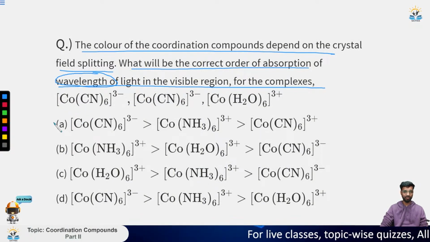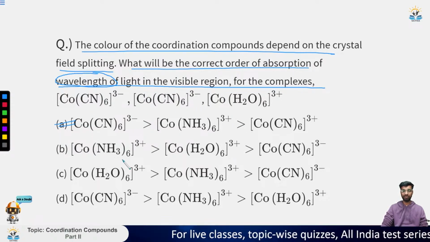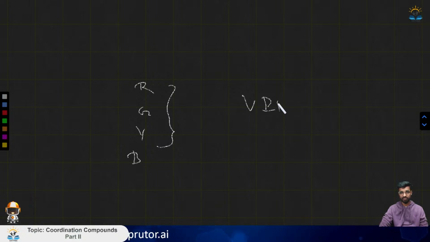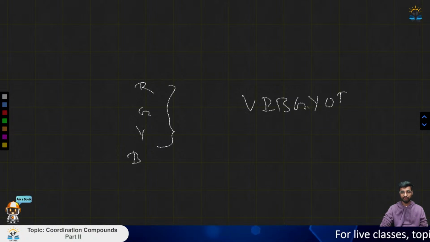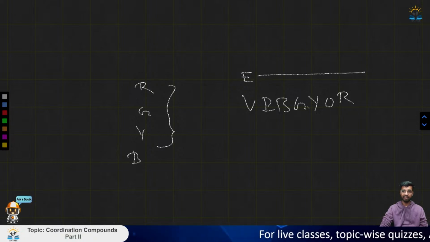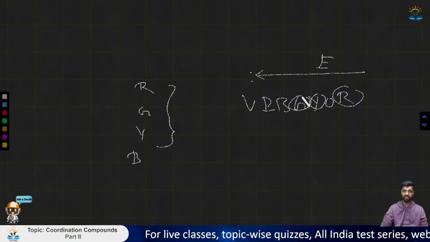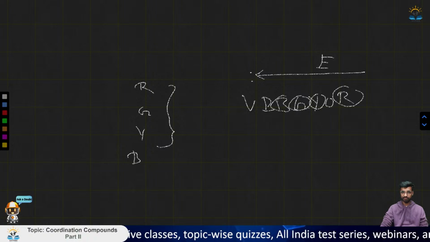Now I have given you the hint, you will just compare the delta O values of all three complexes and see which one is absorbing blue. For those who do not know, we have VIBGYOR, and energy increases in this fashion: we have yellow here, then green here, and then blue here.